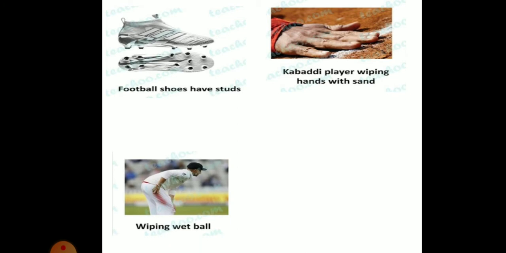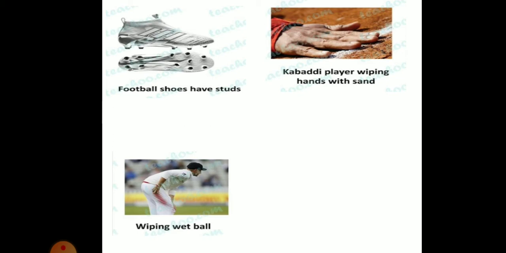The next example is the bowler while playing cricket. He wipes his ball with a dry cloth. Why is it done? To increase friction. When there are dew water drops, the ball will be wet and there is less friction when the ball is wet.